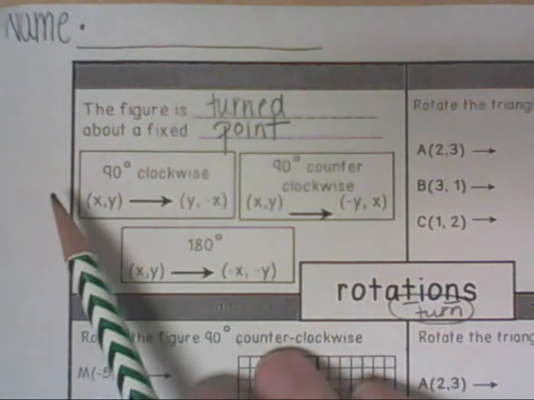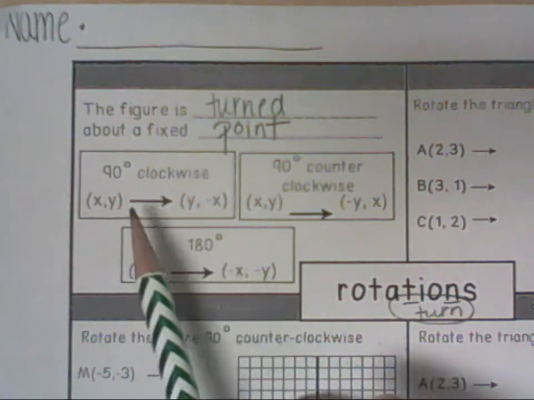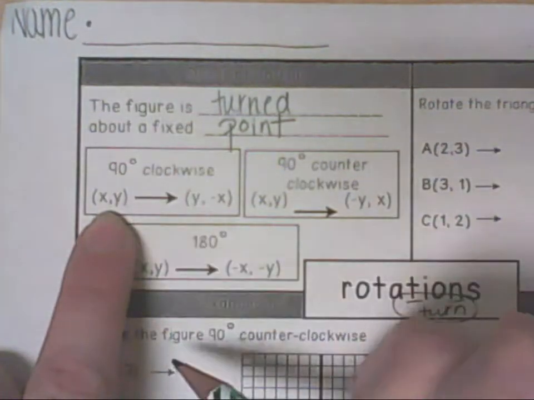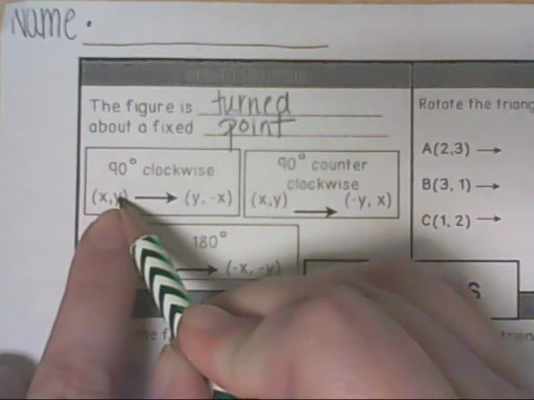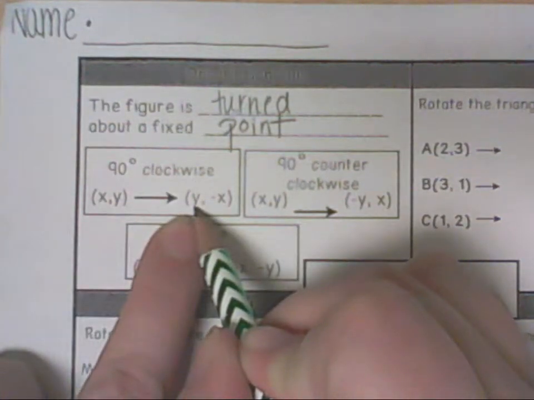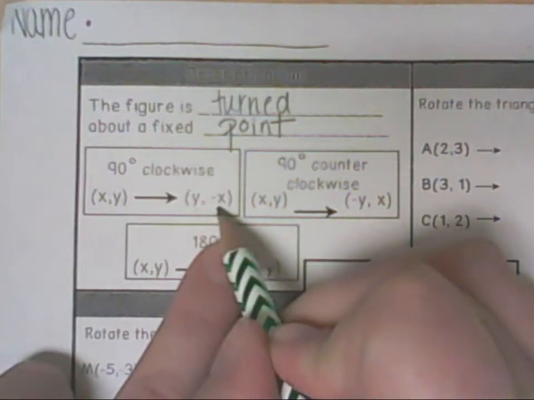If we rotate an object or a point 90 degrees clockwise, what happens is our ordered pair (x, y) flips. So the number that's in the Y coordinate position becomes the first ordered pair number, and the X comes second.